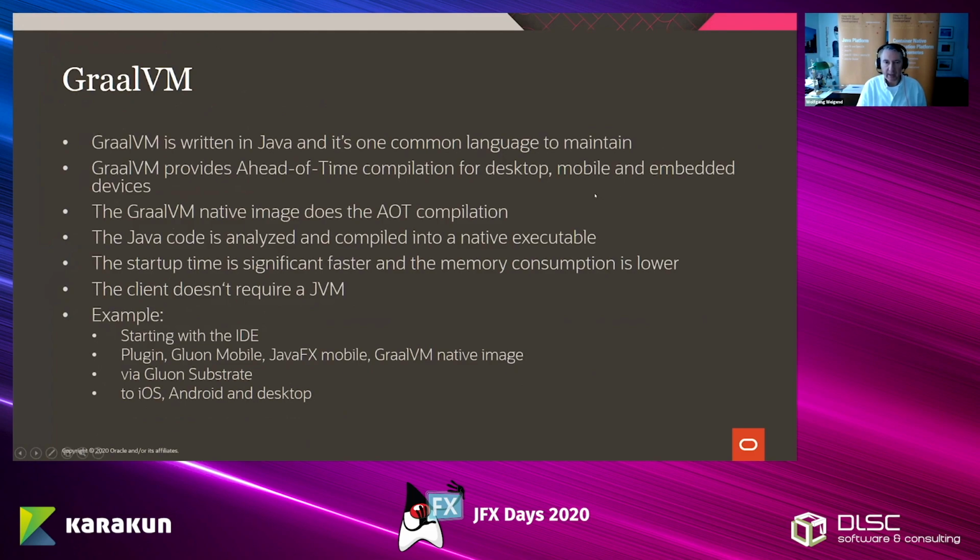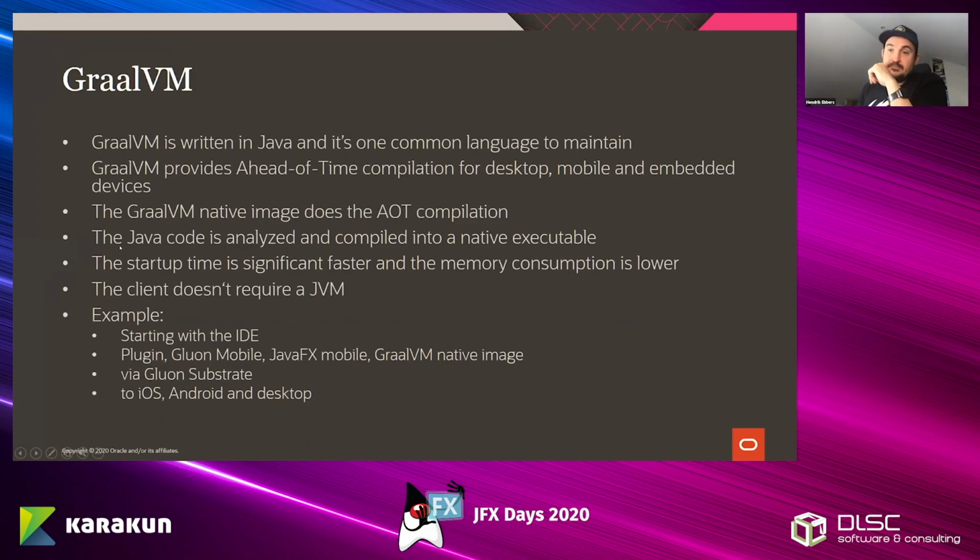The native image does the AOT compilation at build time, so you get a tiny native image with a very fast startup time and less memory. And it's better to place this small piece into several devices, especially for mobile and embedded purposes.